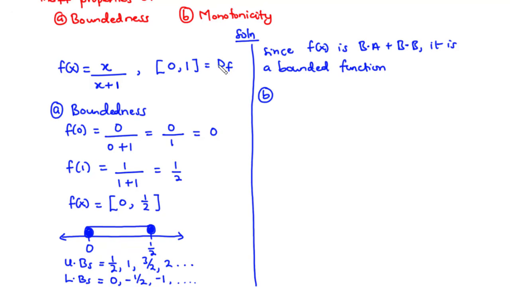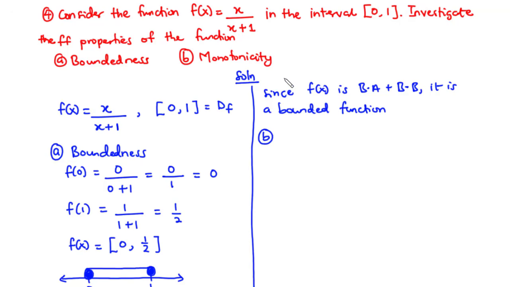Now let's move on to B, the monotonicity of the function. Now we said that a function is monotonically increasing if for x1 less than x2, f of x1 is also less than or equal to f of x2. At this point, we don't know whether the function is increasing or decreasing, but let's assume that it is an increasing function.